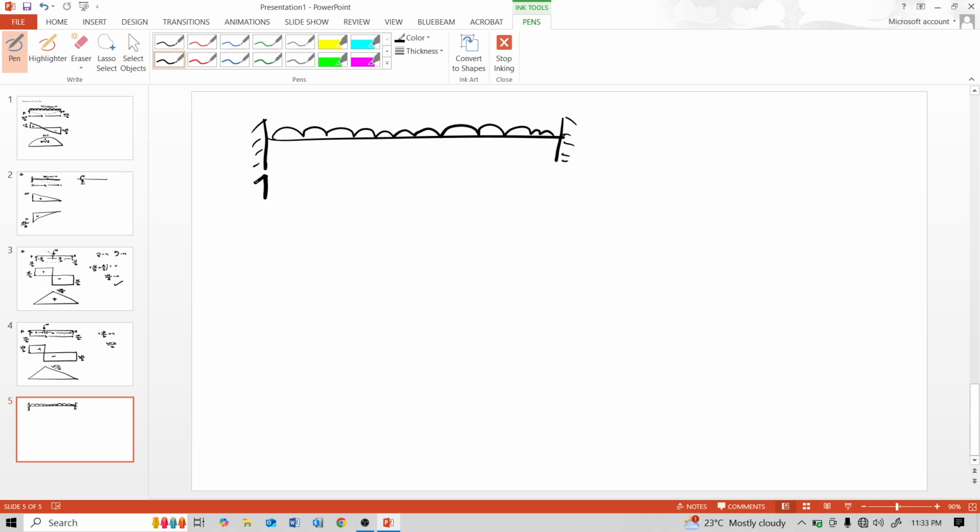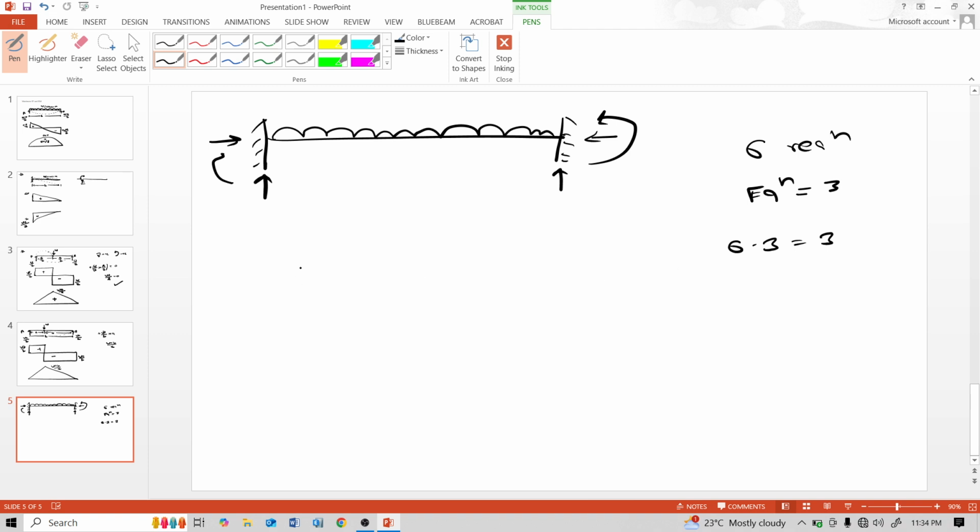Because here there is vertical reaction, horizontal reaction and moment. There are 6 reactions, and our equilibrium equations, summation of Fx equal to 0, summation of Fy equal to 0 and summation of moment equal to 0, are 3. That means 6 minus 3 equals 3, so it is statically indeterminate to the 3rd degree.